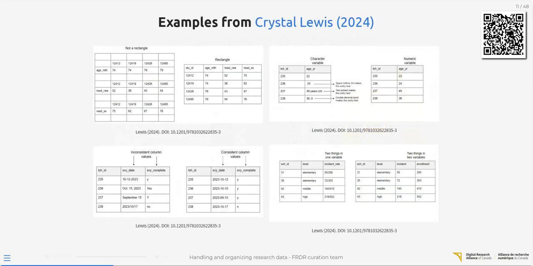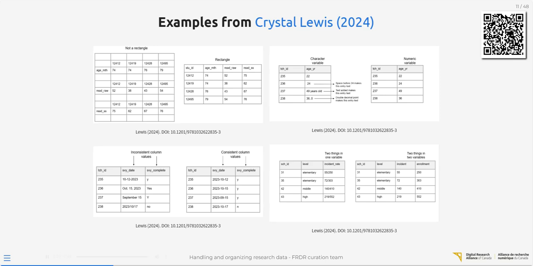Let's look at more examples, this time from Crystal Lewis's work on data organization. In these comparisons, you can see exactly what separates bad data practices from good ones. On the left, you see common problems from top left to bottom right. Irregular structures, numeric data masking as text, inconsistent formats, and combining multiple pieces of information into a single column.